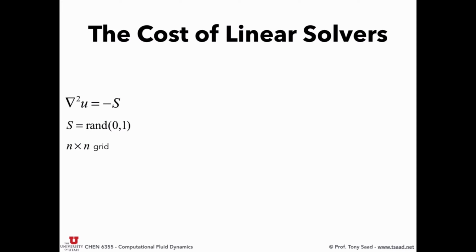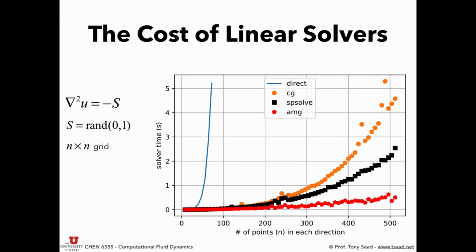This turns into a matrix, and I change the number of points: start with 16 by 16, then 20 by 20, 32 by 32, and so on, and look at the time to solve this system of equations. I'm going to plot time versus number of grid points for a bunch of solvers. And this is what you get.